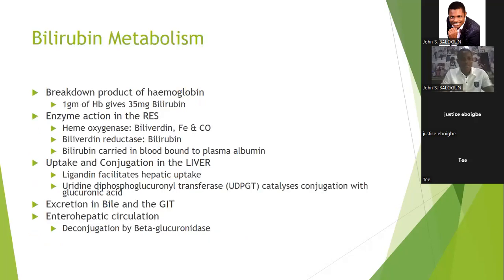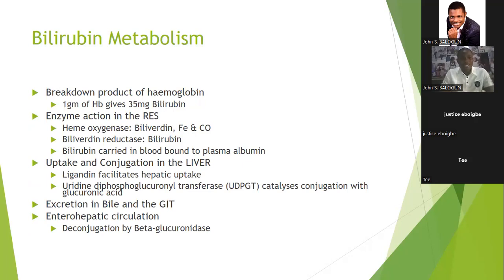So now, I think this information might be important to you. Now, the breakdown product of hemoglobin: 1 gram of hemoglobin gives you 35 milligram of bilirubin. I don't know whether this information will be needed by you, but just for you to know. So now, like we said, uptake and conjugation takes place in the liver.